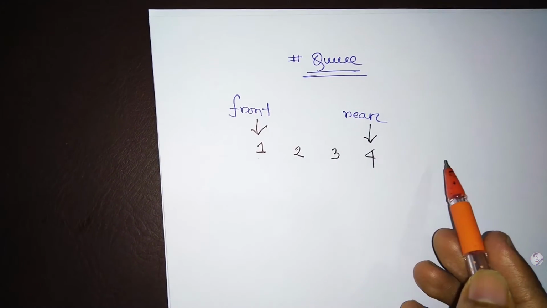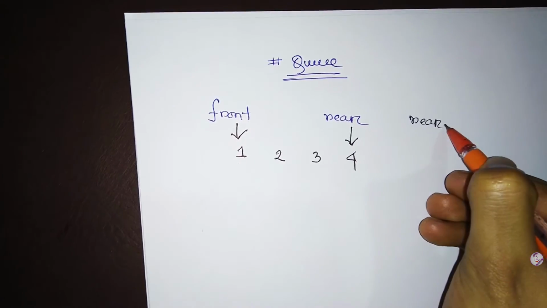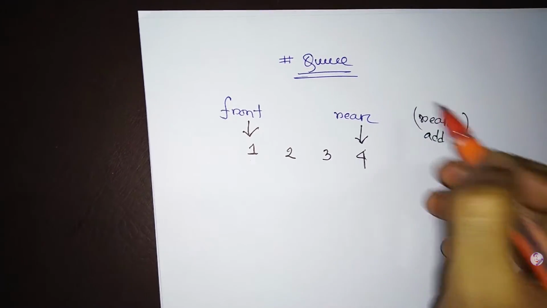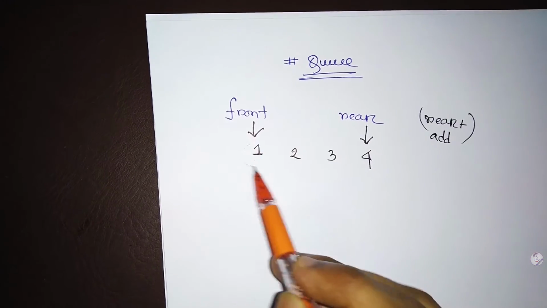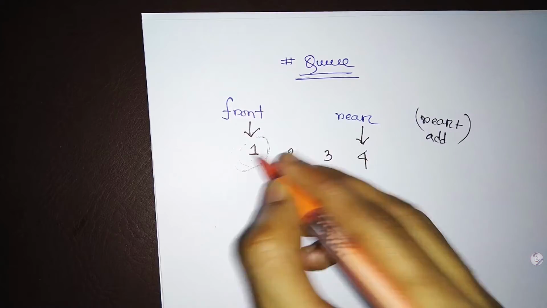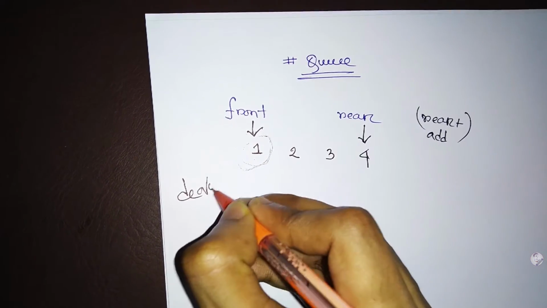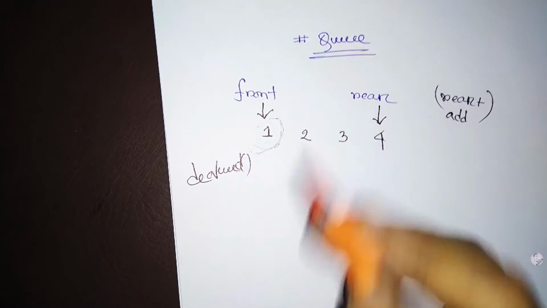When we add an element in this queue data structure, our rear would be incremented. But when you remove or pop an element, the front would be incremented. Suppose 1 is removed, or dequeued, as we call it. It is the same as the pop method in the stack data structure.